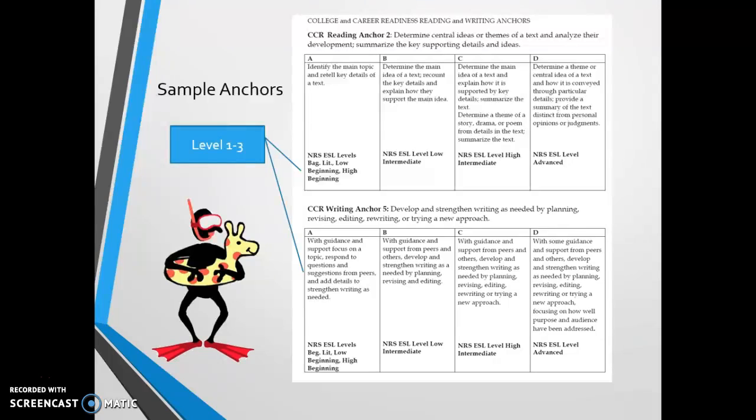Not much editing there except adding to the writing, but as we move up in level, so does the complexity of the task, where now their writing is getting more complex and they're doing much more planning, editing, revising, rewriting, and that type of thing.